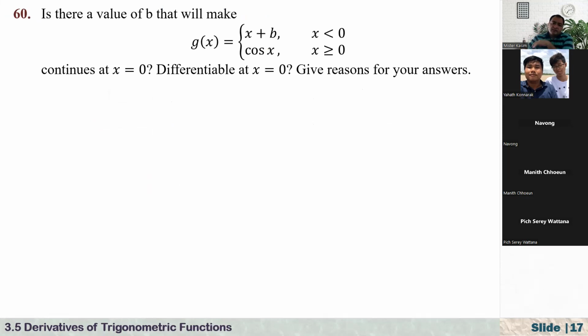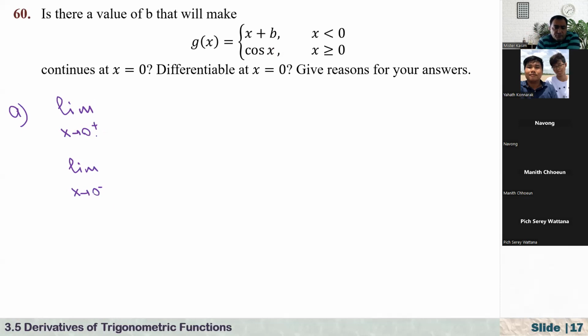Okay, number one, let's answer the first part. Continuous at x equals 0 means that this function has a continuous extension at x equals 0. So we have to evaluate the limit of this function when x approaches 0 from the right and when x approaches 0 from the left, because the function is defined differently on each side.